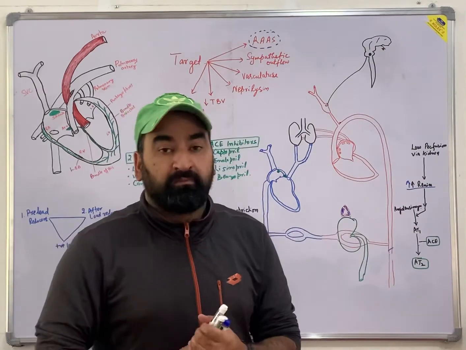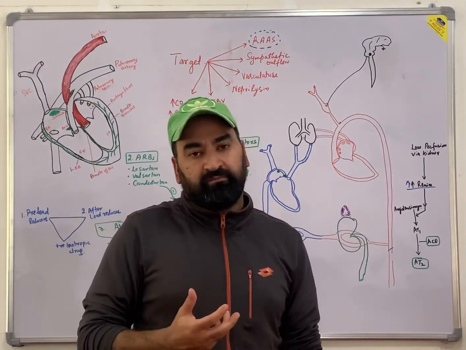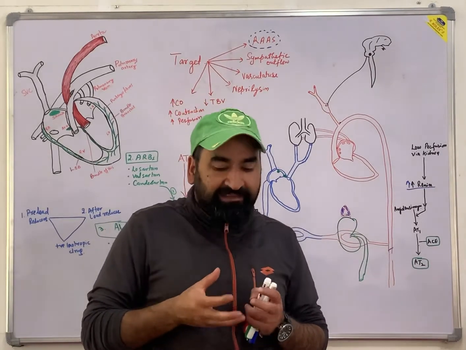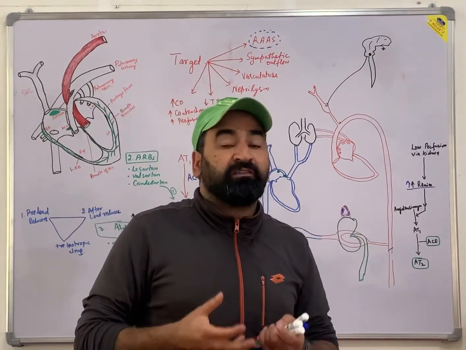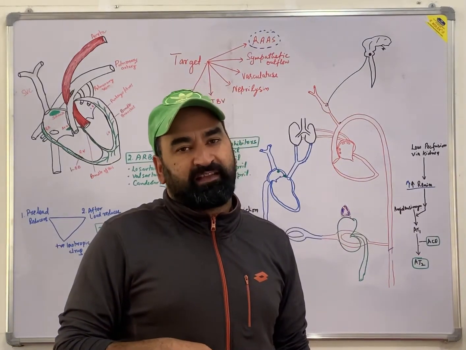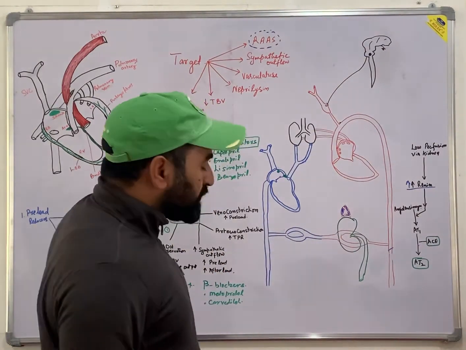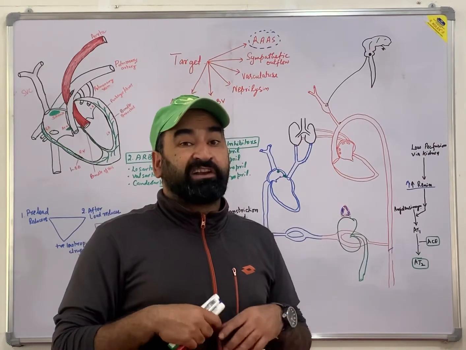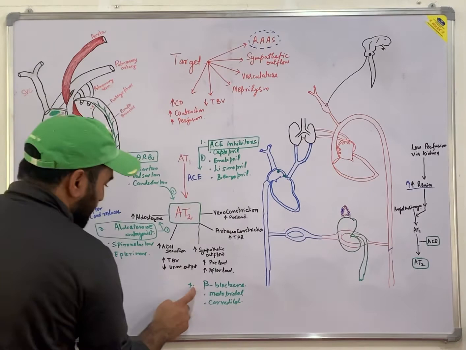But when you increase the heart rate, you are giving less time for the ventricles to refill, so you are decreasing the diastolic phase. That means you are decreasing the oxygen supply to the myocardial cells, which deteriorates the failing heart. So in order to improve oxygen availability, you need to decrease the heart rate. That is why you use beta blockers.